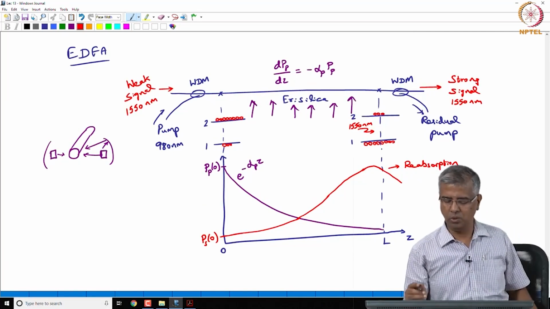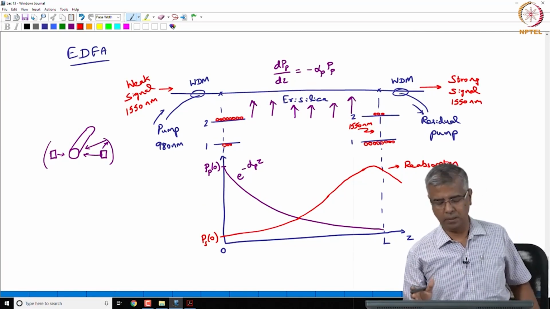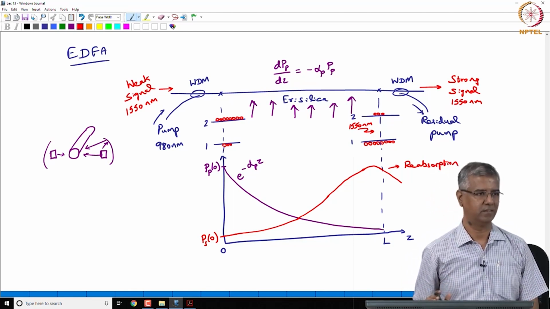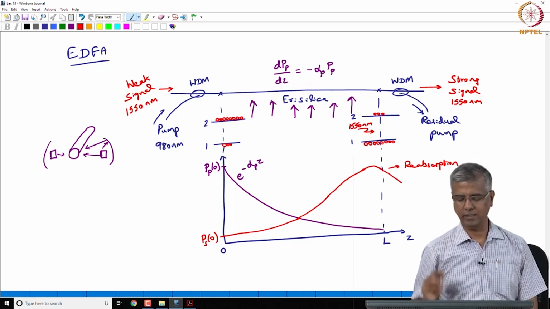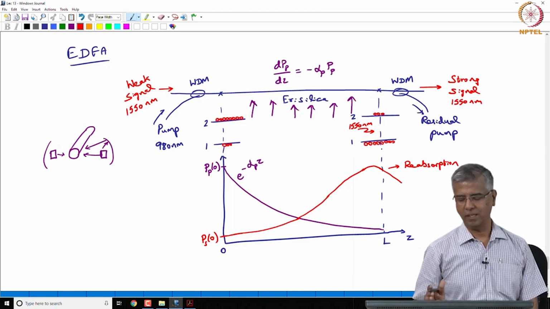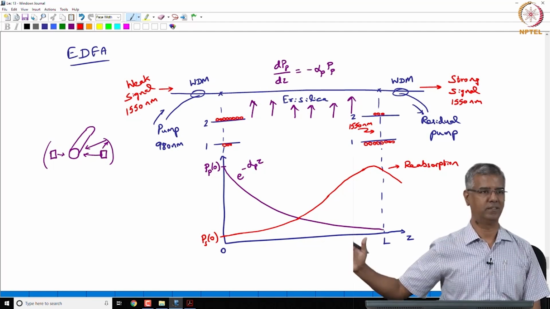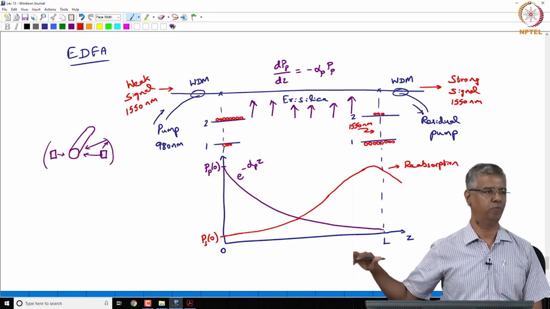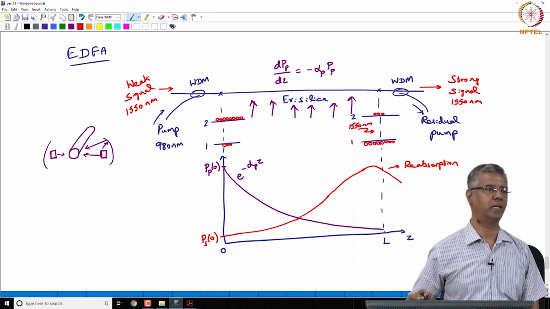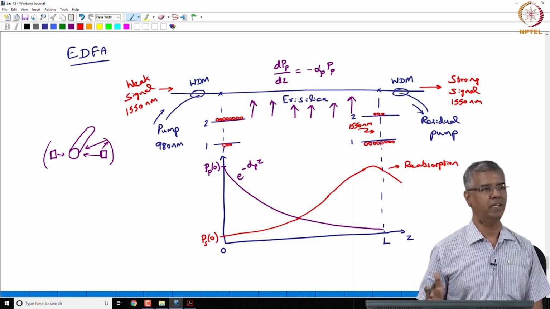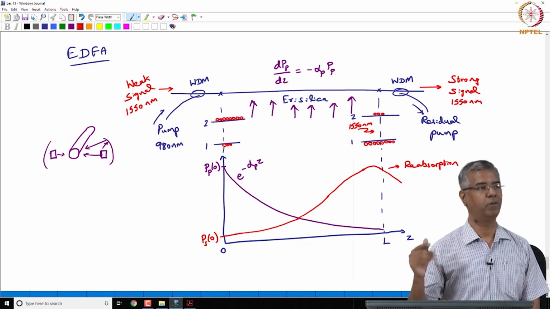Okay. So, there is a question of optimization of your length, right. There is a question of optimization of the length in the sense that if you have such a long length that you have very few pump photons towards the later part of the fiber, it's actually not helping you. So, you have to do some modeling to see how your absorption is happening for a given pump power.